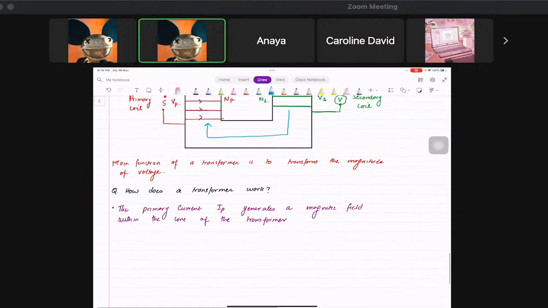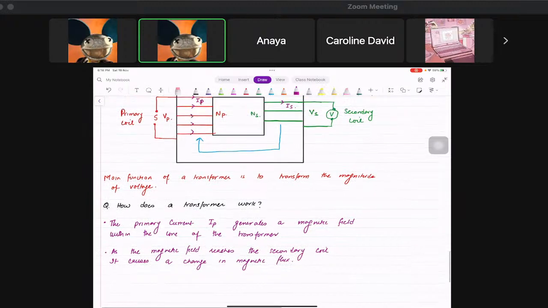Now, as the magnetic field reaches the secondary coil, it causes a change in magnetic flux.